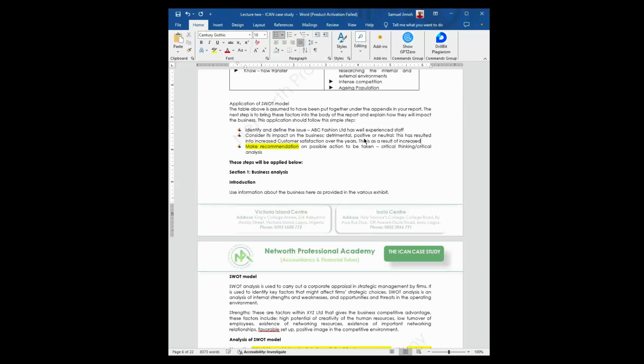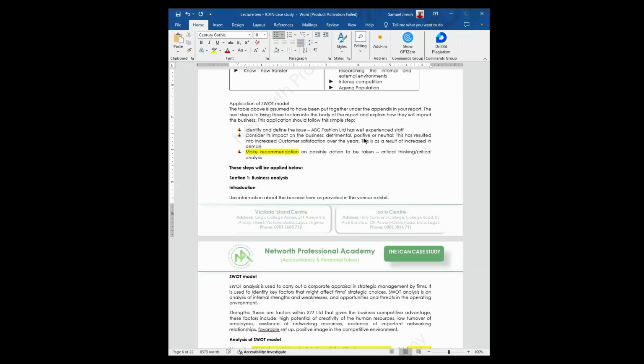Increased demand for the business services.